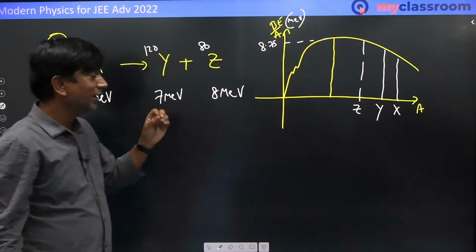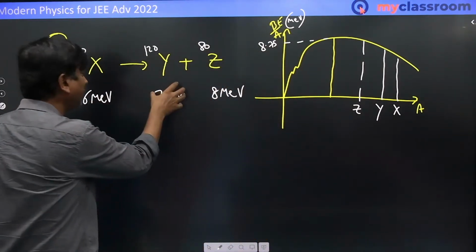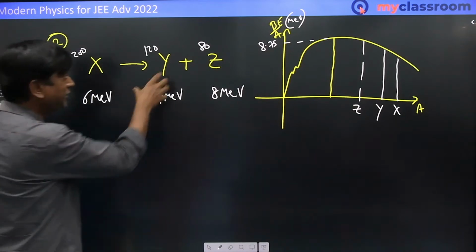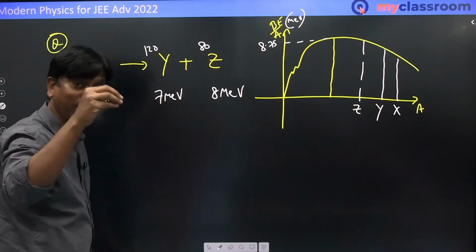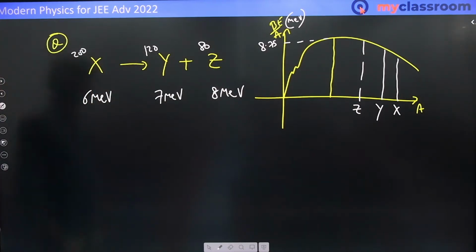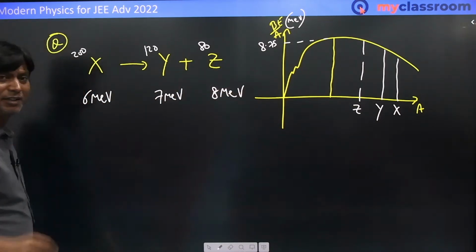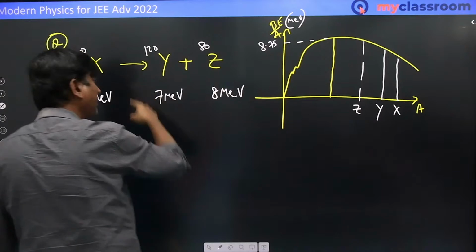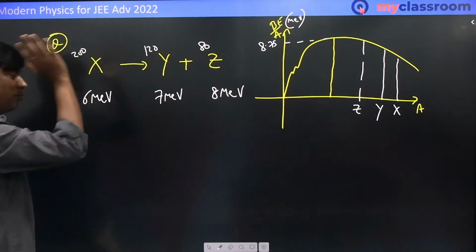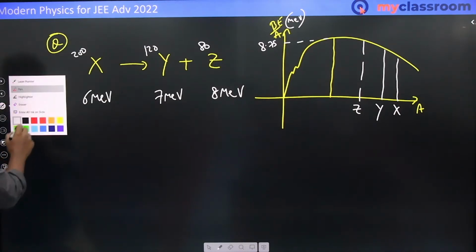Compulsorily, when the binding energy per nucleon of each individual product on the RHS is greater than that of the LHS, then the total binding energy of the RHS will definitely be greater than the total binding energy of the LHS. So let us calculate that.